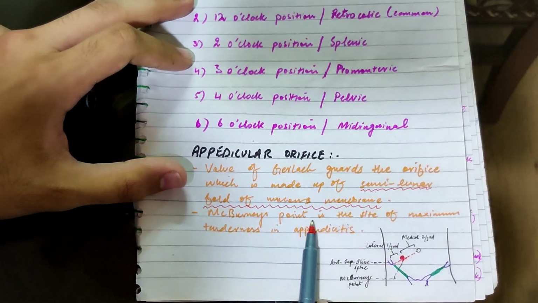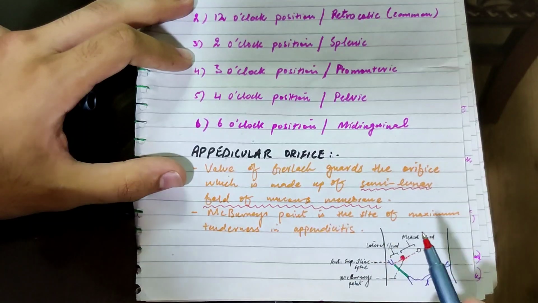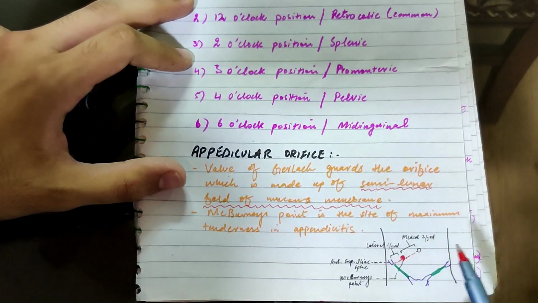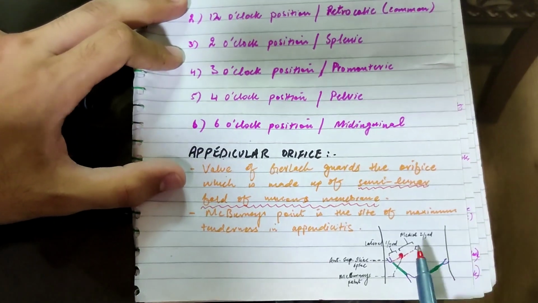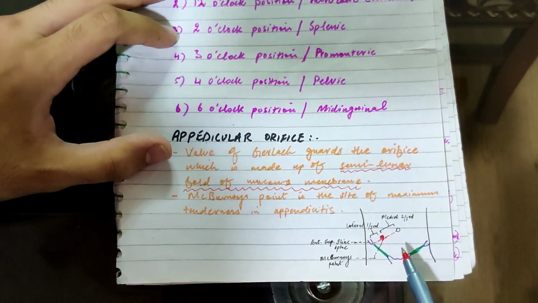Okay, McBurney's point is the site of maximum tenderness in appendicitis. It is a point, if there is inflammation in our appendix, this point becomes prominent or tender. We can feel it easily. So this is a diagram in which we have shown the McBurney's point.